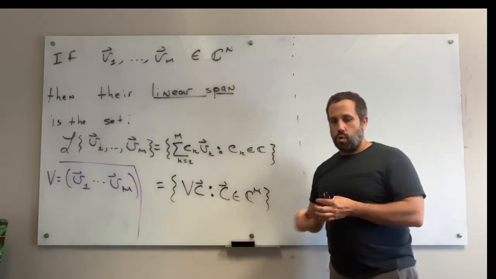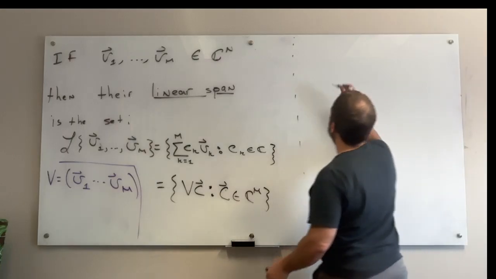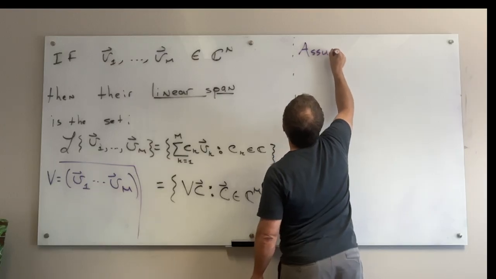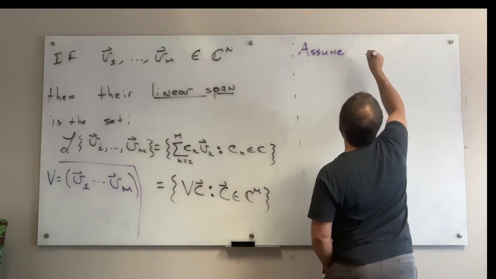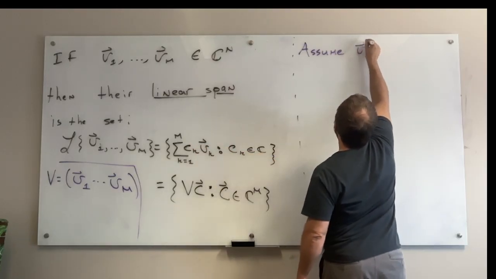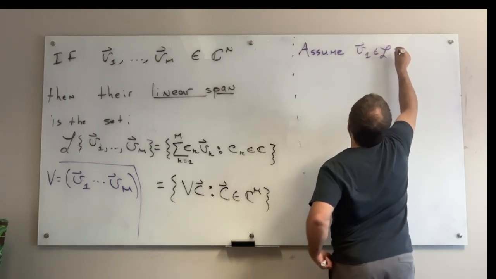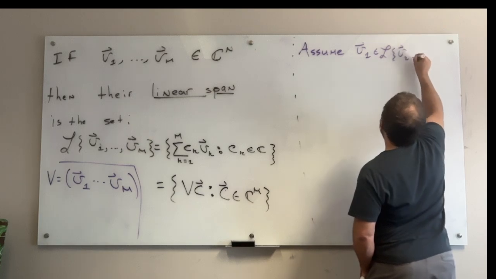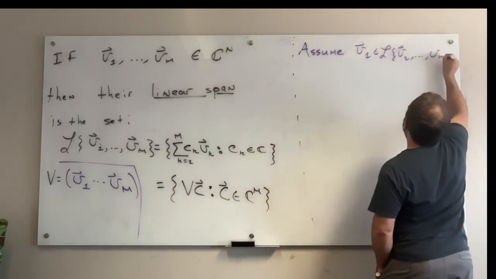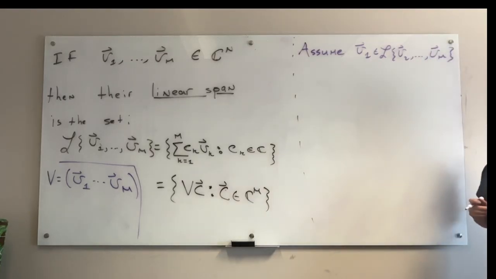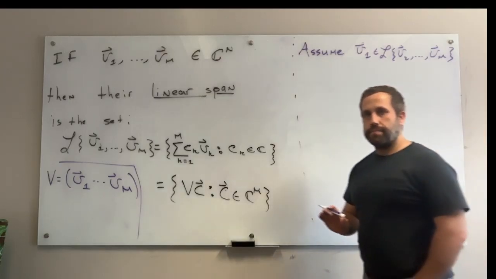Okay, so let's assume, let me just illustrate something. Assume that V1, so now I'm sort of referring to these vectors over here, is in the linear span of V2 through Vm.